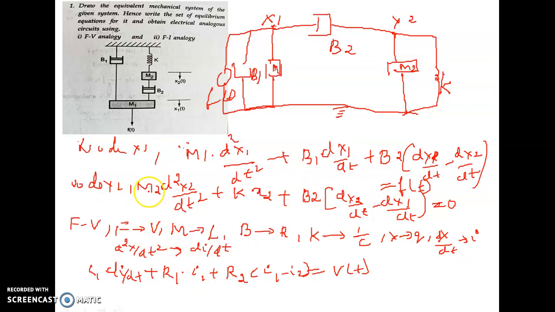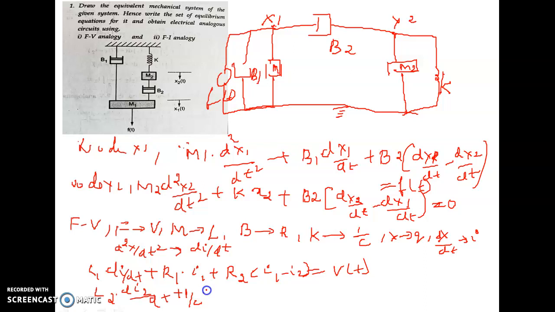Now let me write it for the second expression. We have m2. So m2 is nothing but L2 into d square x2 by dt square, that is di2 by dt, plus k. k is analogous to C, that is 1 by C into x2.